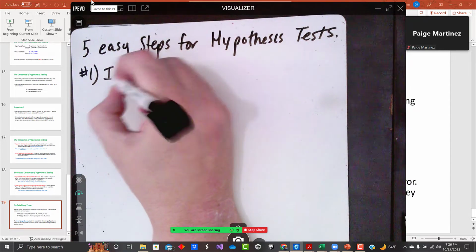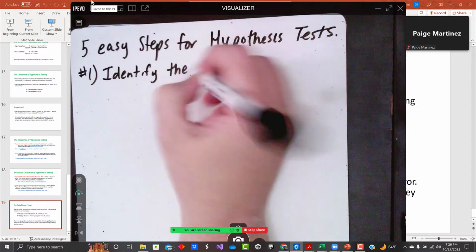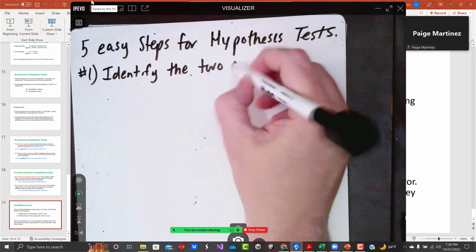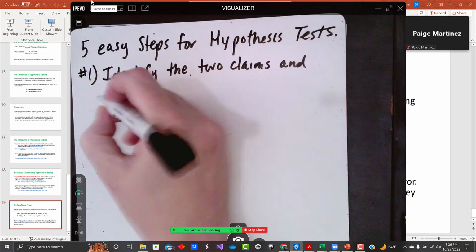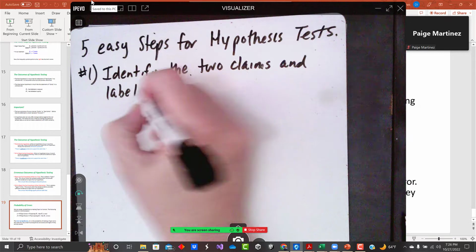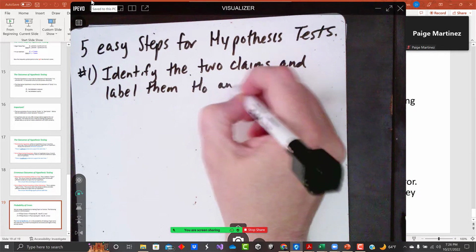Identify the two claims and label them H0 and HA.